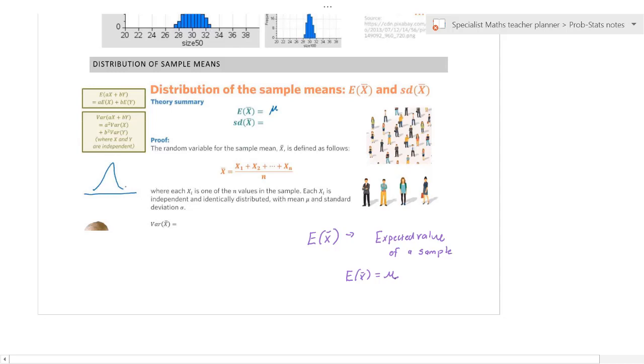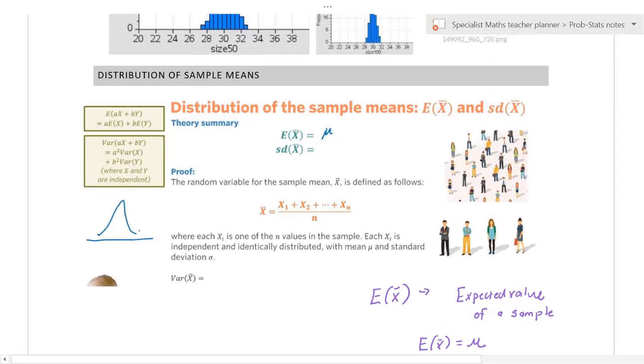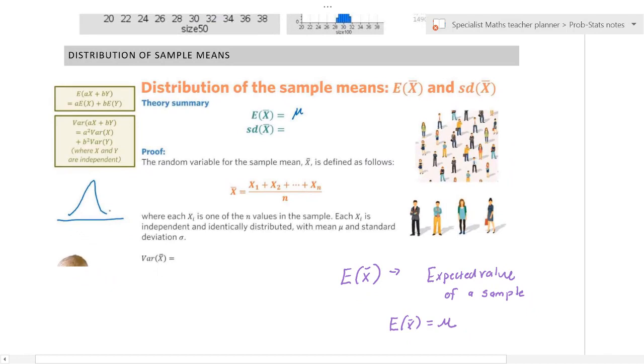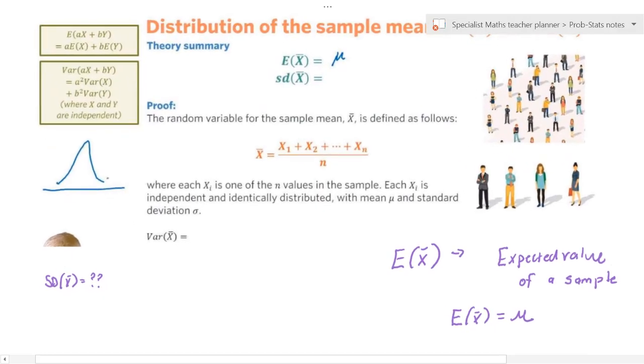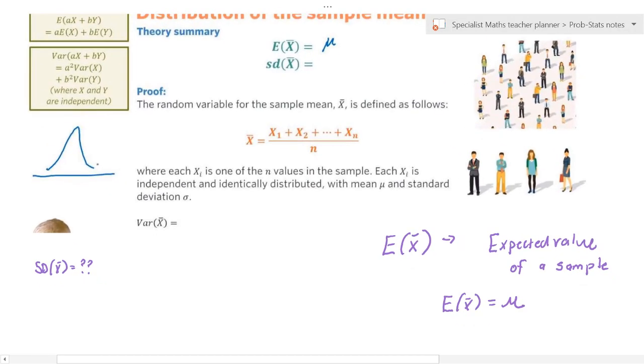Now the variance though is different. So this is very important. The standard deviation of my sample mean is not equal to the standard deviation of my general population, like we've looked at before.